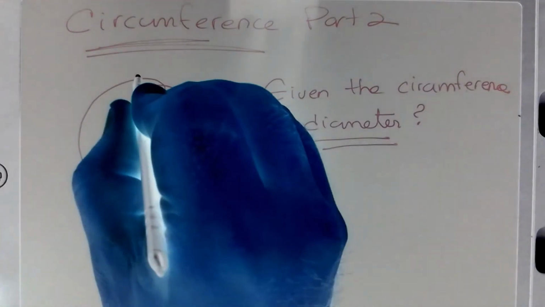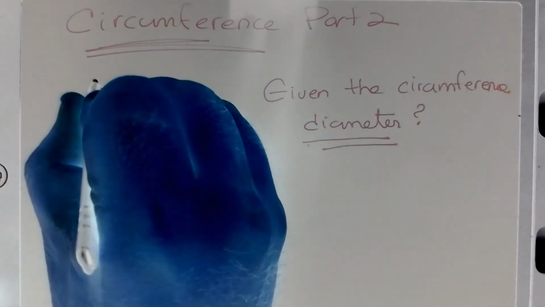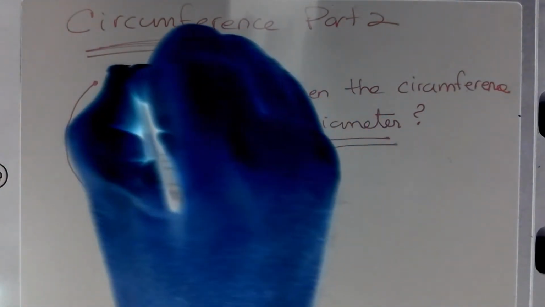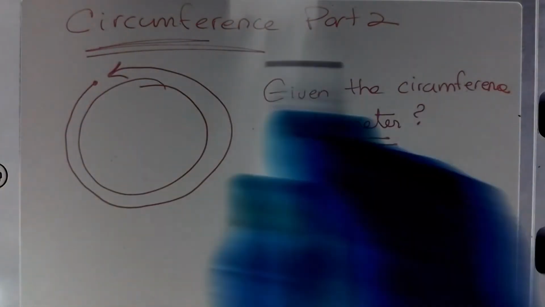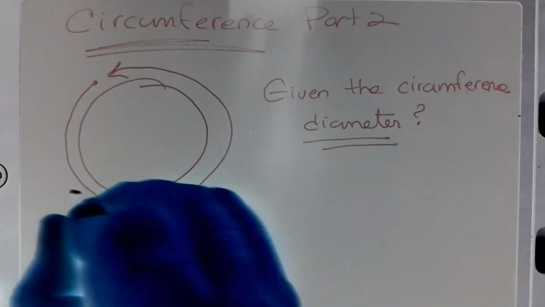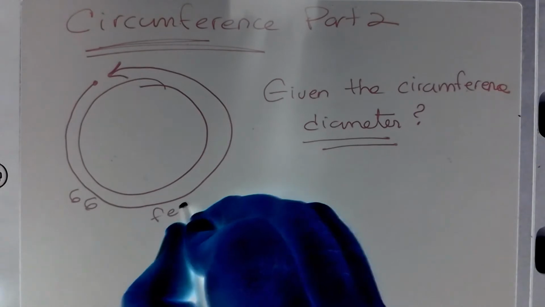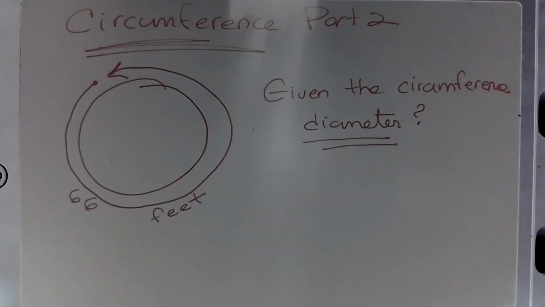So in this case, guys, remember that the circumference is the distance around the circle, correct? If the distance around the circle, let's say, is 66 feet. Again, the distance around the circle is 66 feet.